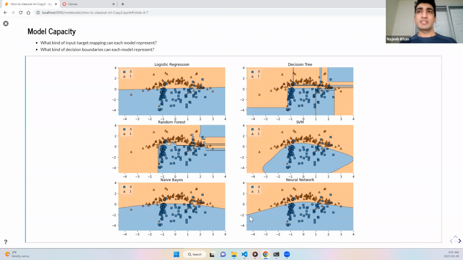Neural networks also provide continuous boundaries. This is some of the intuition as to when you will use which model. If you have simple linear relationships, then for a classification problem you could just use logistic regression. But if you have very nonlinear relationships, then probably neural networks or some other models might be the best to use.